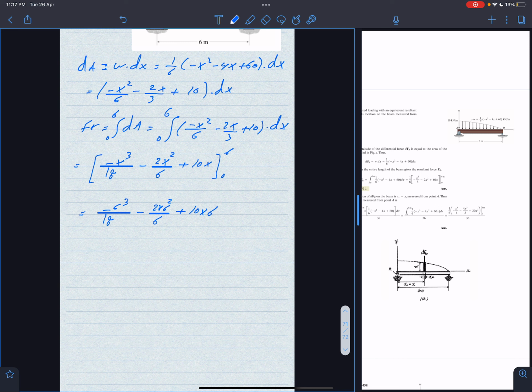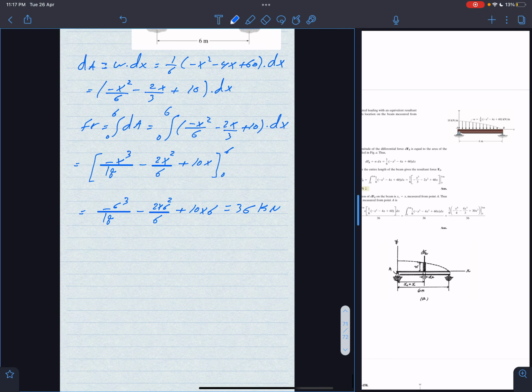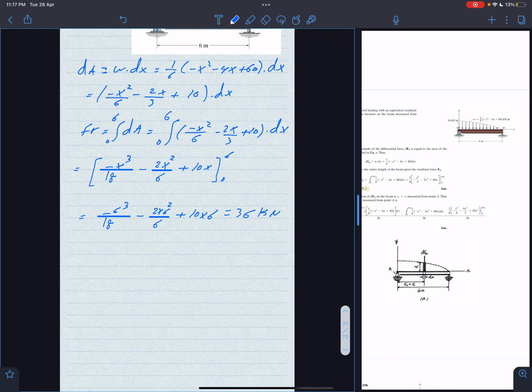So the answer here is going to be 36. Of course the force is in kilonewton, so this is going to be kilonewton. So this is delta area, or the integration of delta area.